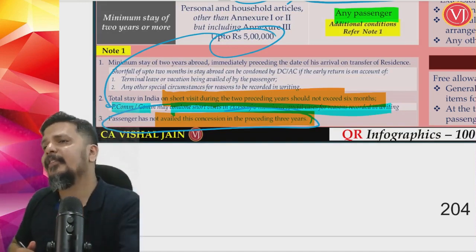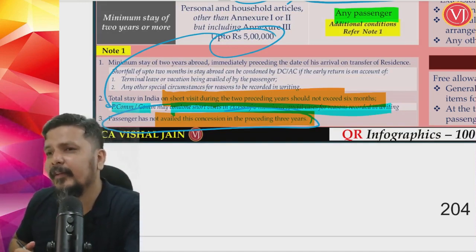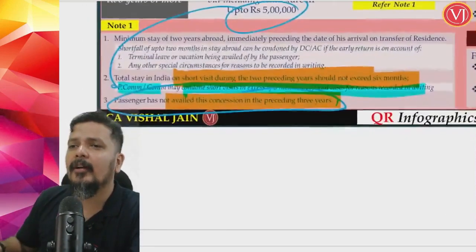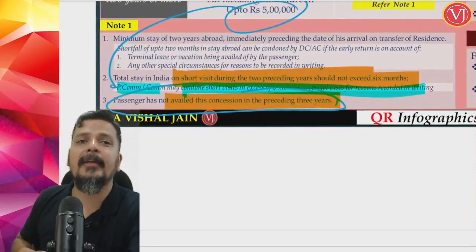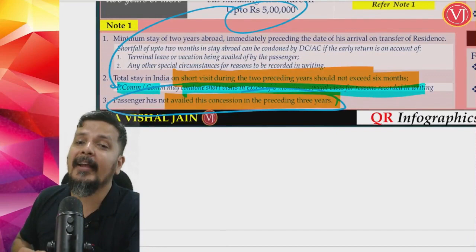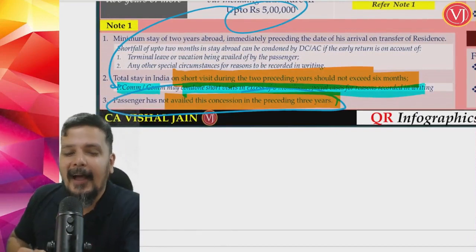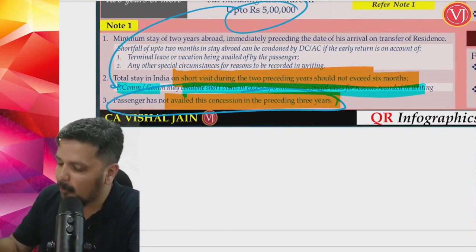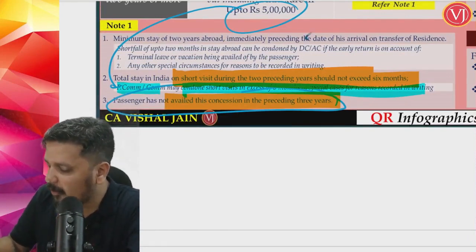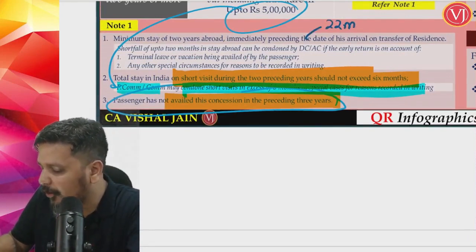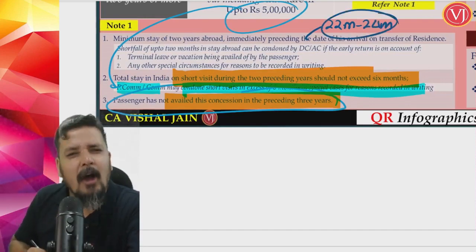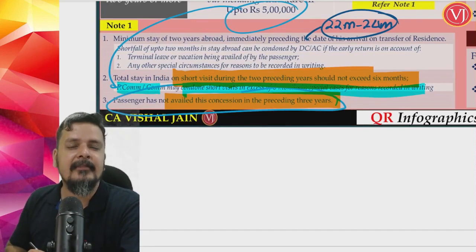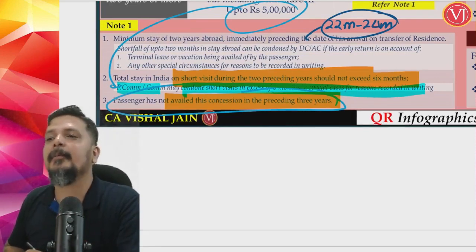What is the main condition here for 5 lakhs? Your stay outside India should be more than 2 years. At times, you will be almost touching 2 years. Almost touching 2 years, I call it 22 months to 24 months. So your stay in US is, say, 23 months.